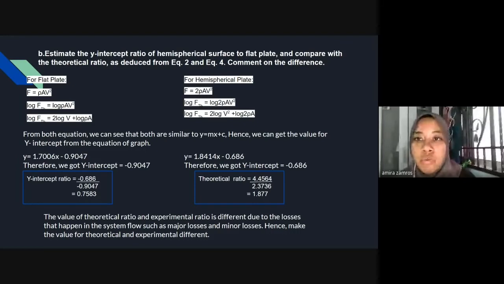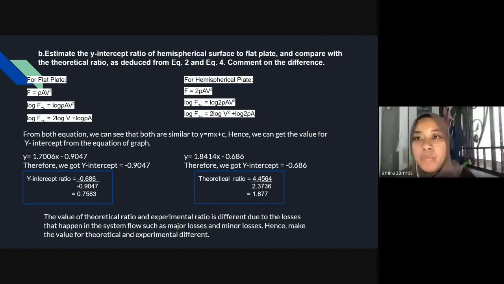And the next one is y equals 1.8414x minus 0.686, and we got negative 0.686. So for the y-intercept ratio, we need to divide negative 0.686 by negative 0.9047.